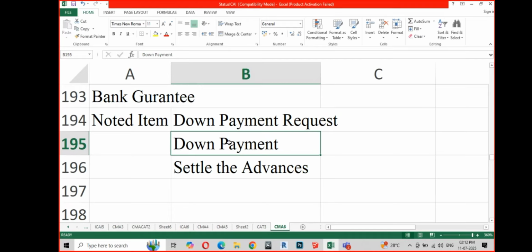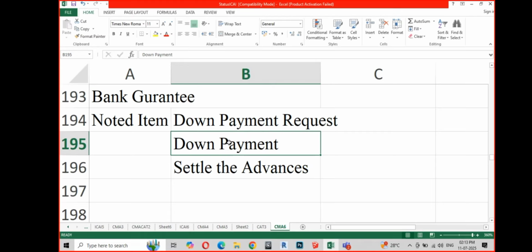All right. Now, how do you settle when the customer has made some payment to you as advance? How do you settle this money? You are going to settle this money by supplying the items. You produce the goods and supply them back to the customer. All right. Now, what do you do after supplying the items? You raise an invoice.